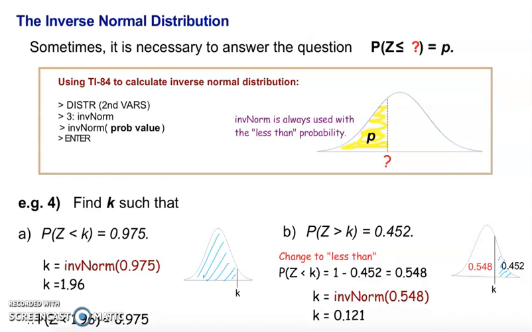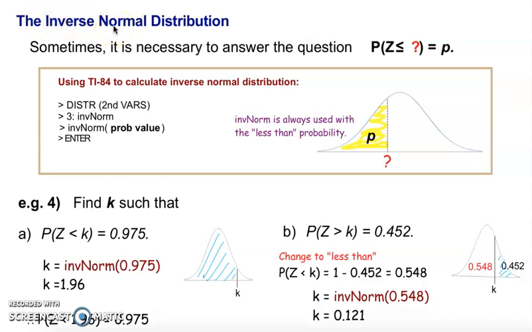We looked at if we know a certain position on that bell curve, we can find the probability of getting a value less than that value or greater than that value, or the probability of something falling between two different positions on the bell curve. Now in this section, we're going to look at the inverse normal distribution.